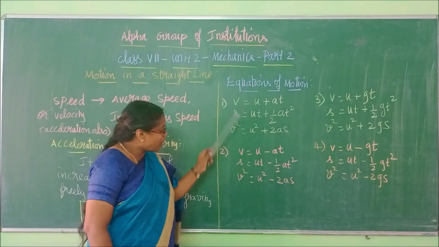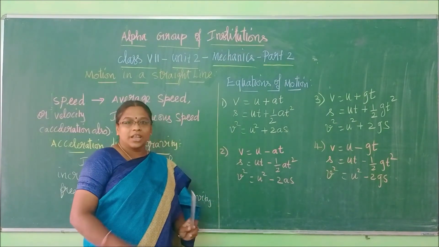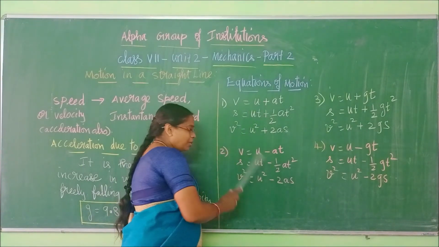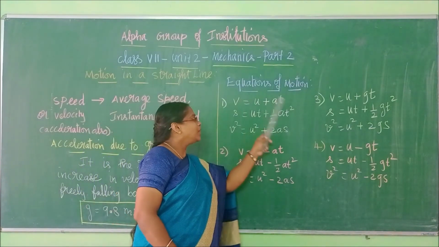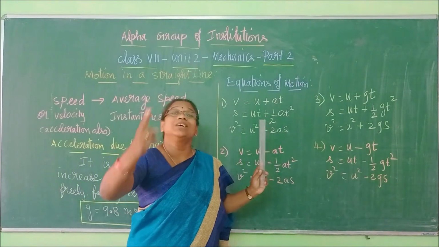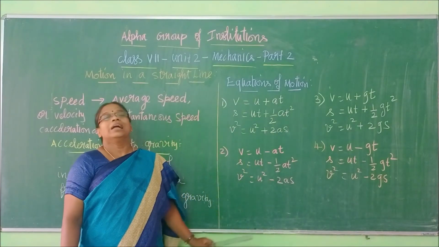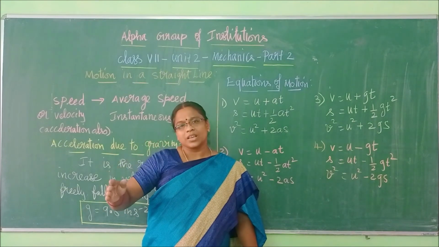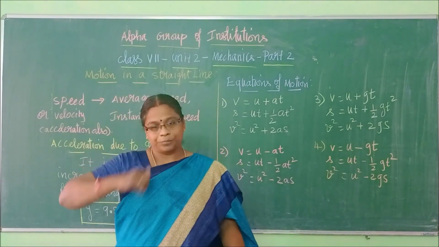Now this one is the same as what I have written here. But what is the change? Wherever you have plus, I have written minus. Why, children? These are the equations for positive acceleration, and these are the equations for negative acceleration. Positive acceleration means the body's speed or velocity is increasing.